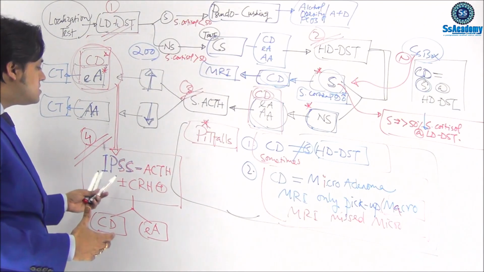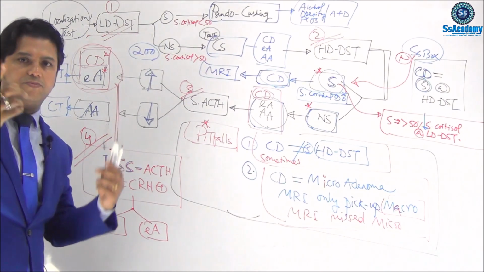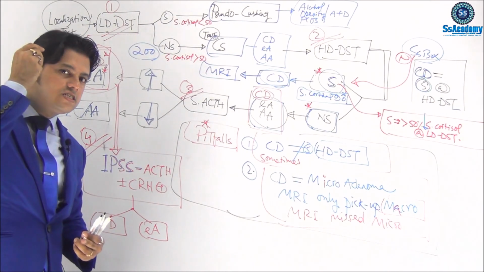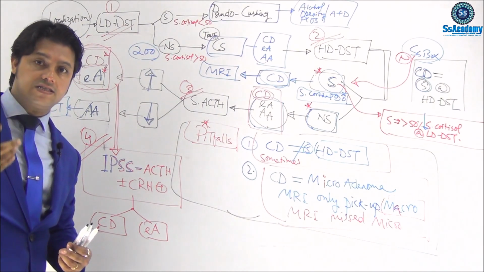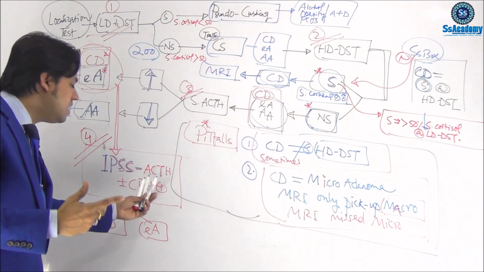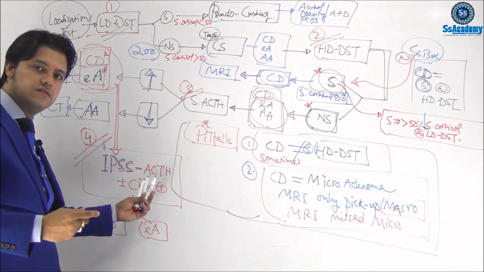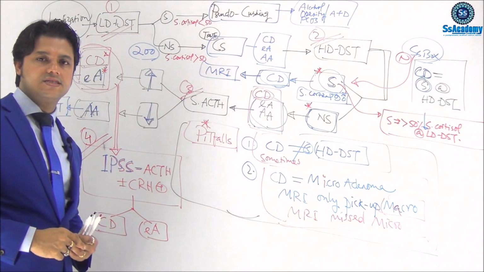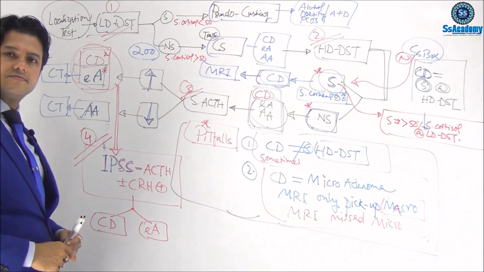So that is the last test. The inferior petrosal sinus is the draining sinus of the pituitary gland. So with a pituitary adenoma producing ACTH, you will definitely get much more ACTH in the petrosal sinus sampling. That's why inferior petrosal sinus sampling for ACTH is the diagnostic test for Cushing disease to differentiate it from ectopic ACTH.